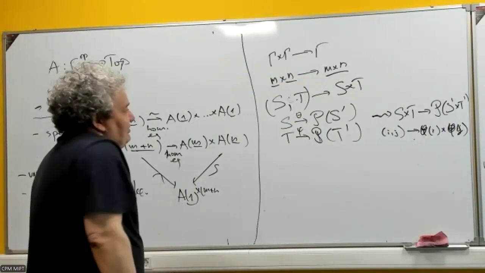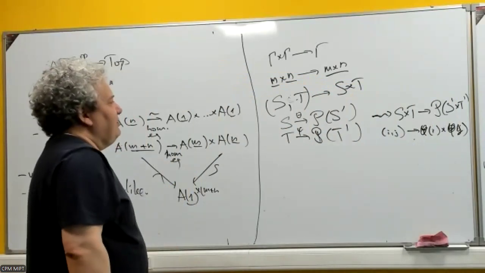Then it's actually a functor, and it's actually very essential. ST goes to S cross T.